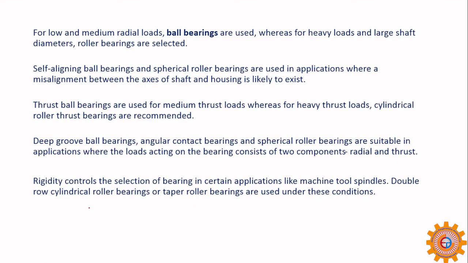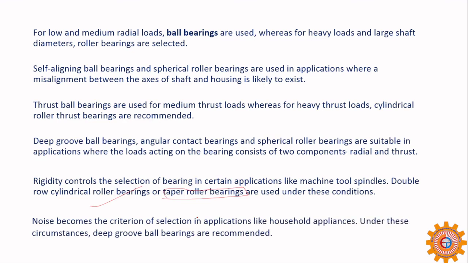Where rigidity is a criterion, we use taper roller bearings. Noise is sometimes a criterion for selection in applications like household appliances such as fans. For these, we go for deep groove ball bearings.